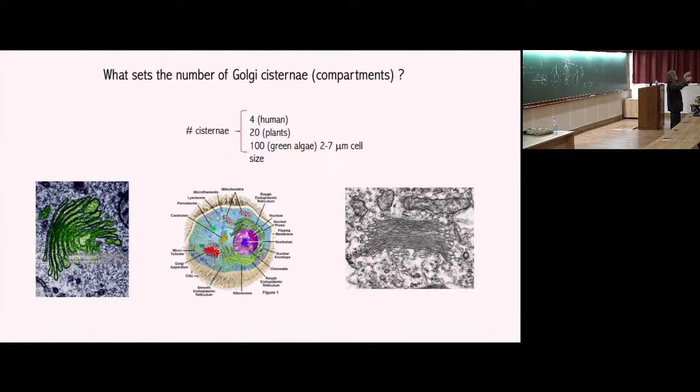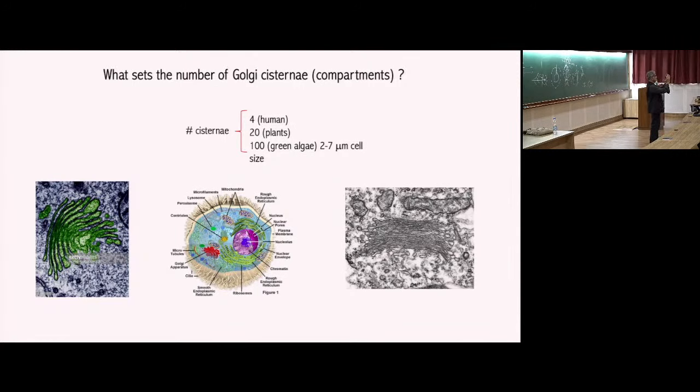So the number of cisternae that you get is tied to the number of A, B, and C species. If one calls them different chemical species or different enzyme species, the number of cisternae in the vesicle transport scenario just scales with the number of A, B, and C species.